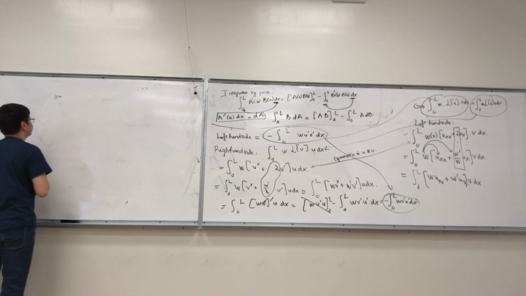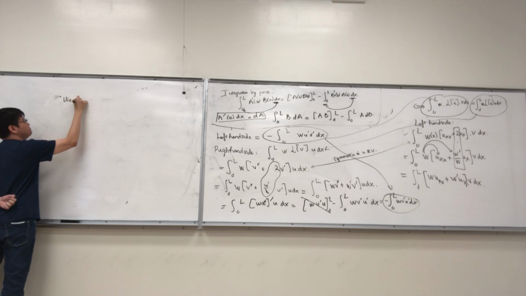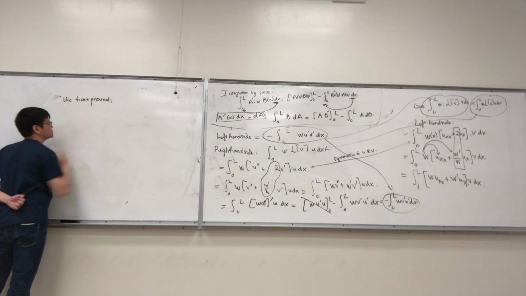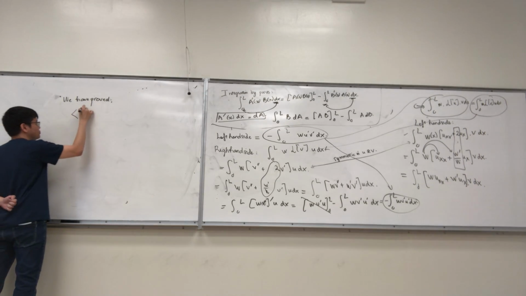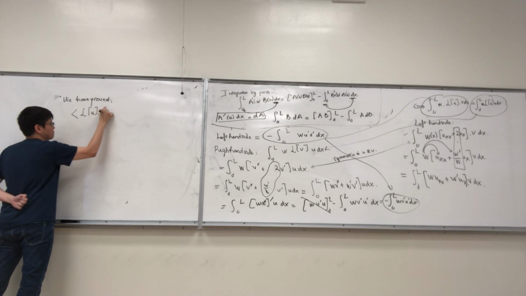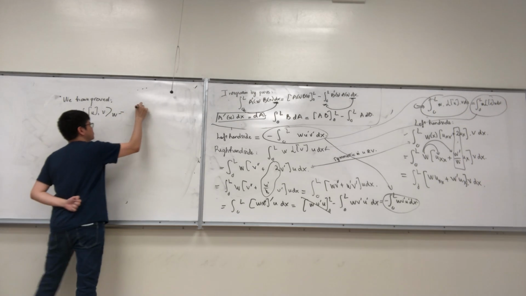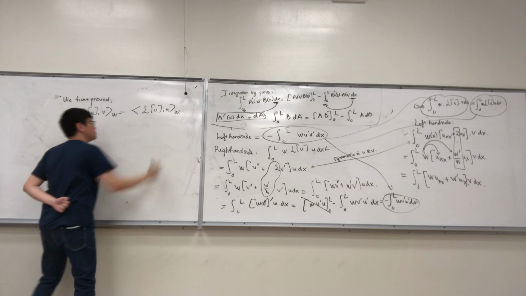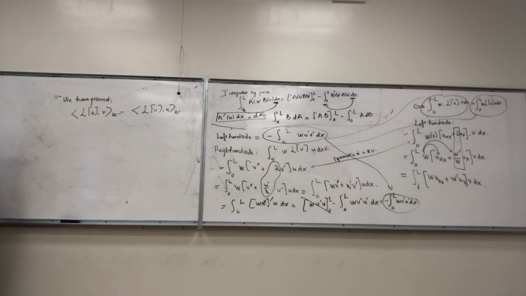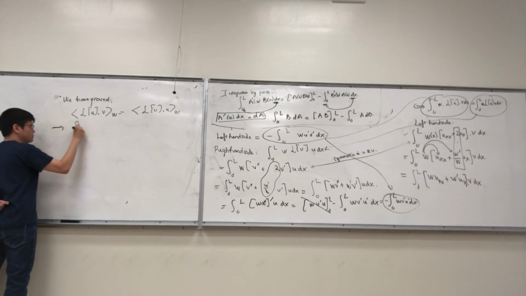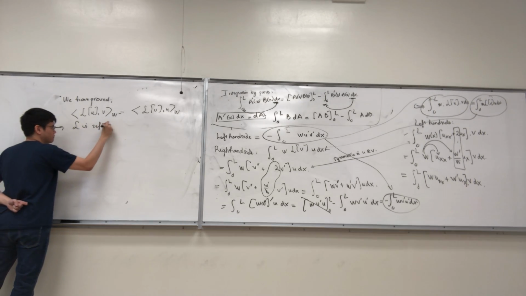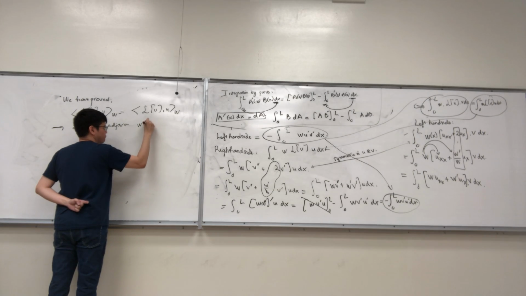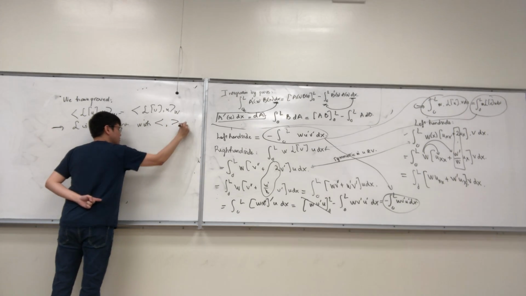So we have proven that LU, VW is equal to LV, UW, right? And which means that L is self-adjoint with this inner product, right?